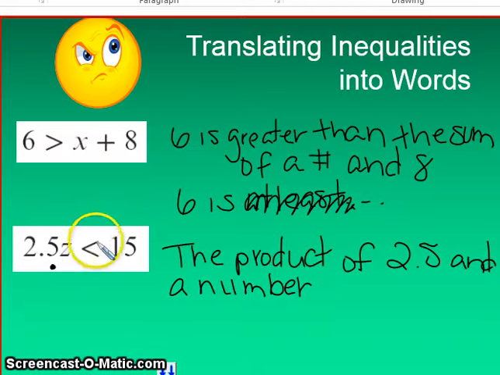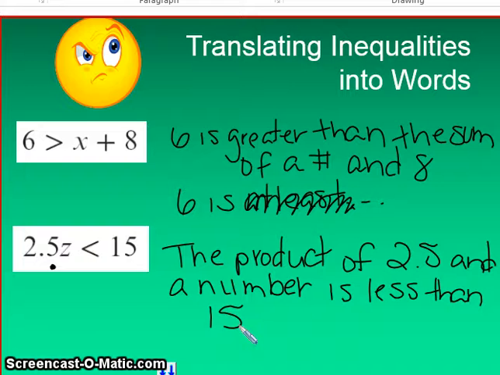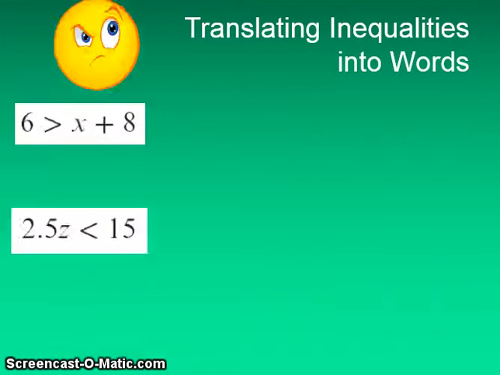And then since we have the less than symbol here, we could say is less than 15. And again, there are several different ways to write this expression in words, but this is one possible way.